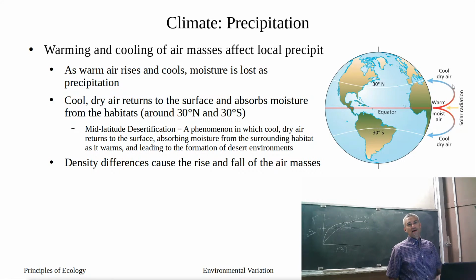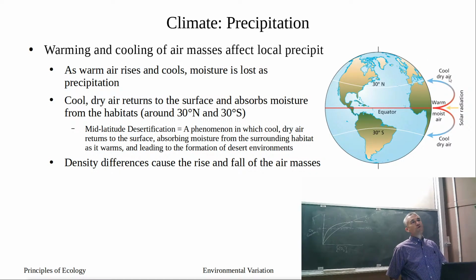And it has to go someplace, because that air has mass. Your air particles have mass. So typically, that cool air mass will return back to the surface around the 30-degree latitude lines, 30 degrees north and south.